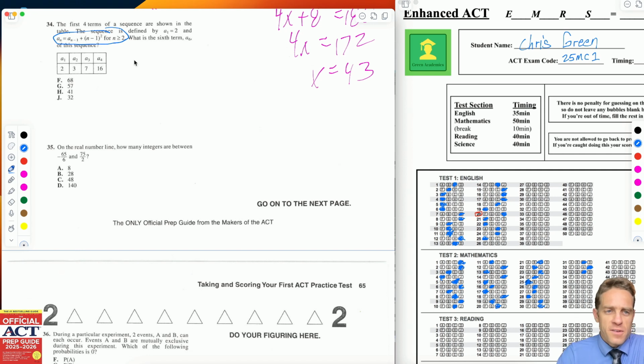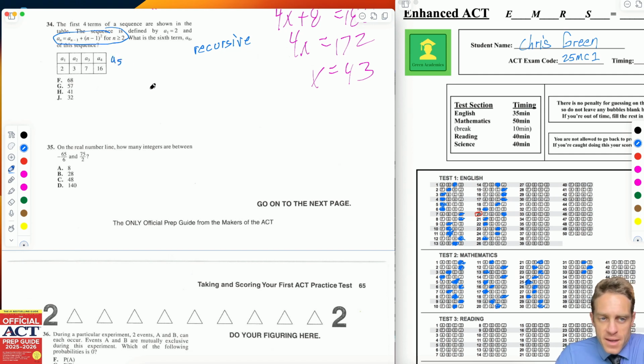It's confusing, right? Now you can't skip forward in a recursively defined sequence, which is what this is. It recurs. It keeps happening again and again. You can't jump to the 6th one.